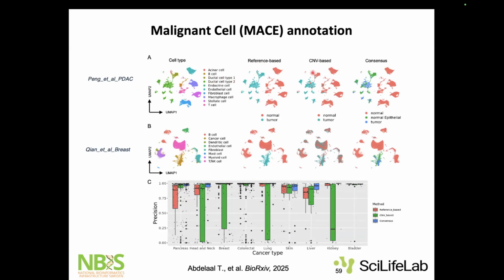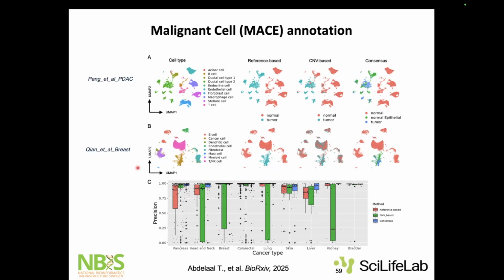The CNV-based method groups only, I guess, ductal cell type 1 as normal and the rest as tumor. But when they do consensus, then they can separate these epithelials between tumor and normal epithelial based on CNV.